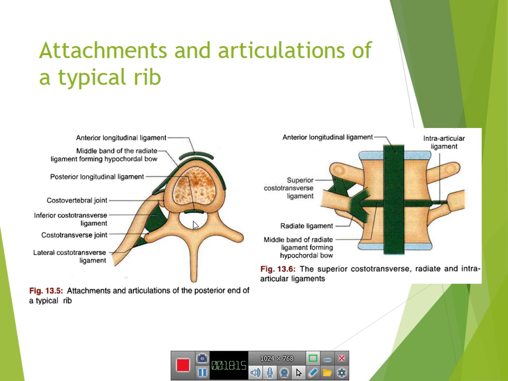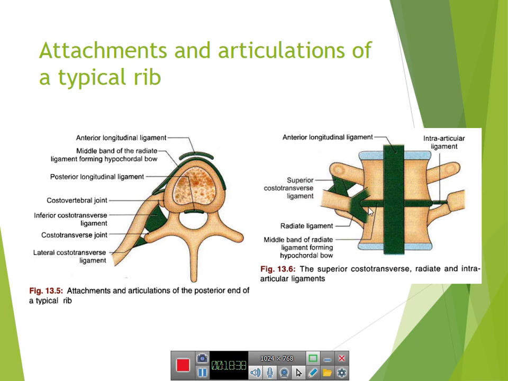So about attachments and articulations of a typical rib, there are many points, and I'm going to talk about these points that are very important to me and you. Number one is anteriorly in the right picture.